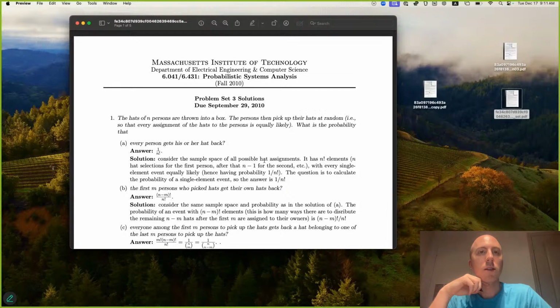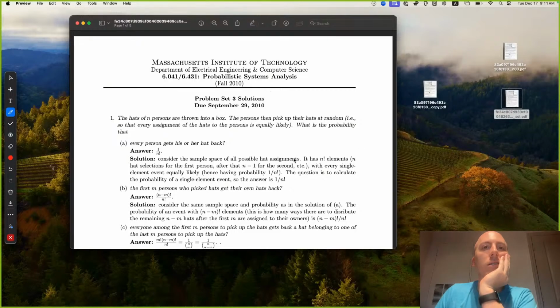Consider the sample space, all possible hat assignments. It has n elements. The sample space of all possible hat assignments.